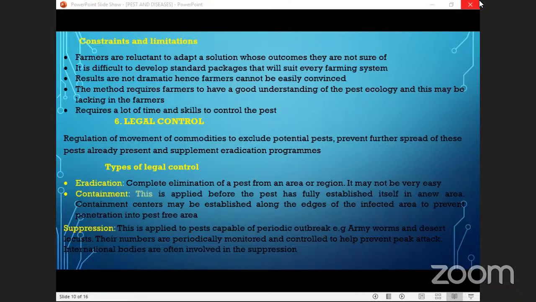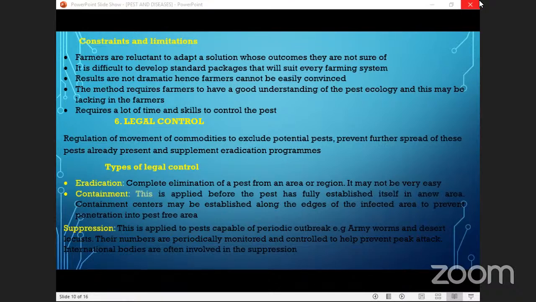And then we have suppression. This is applied to pests capable of periodic outbreak. For example, armyworms and desert locusts. They come in a certain area. Their numbers are periodically monitored and controlled to help prevent peak attack. Suppression calls for international control.